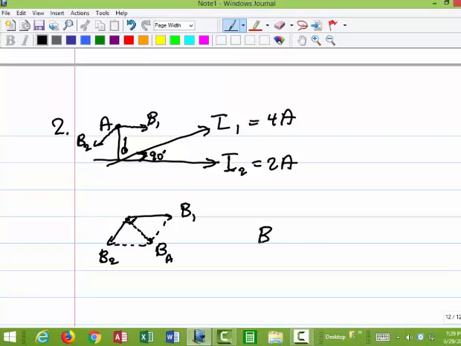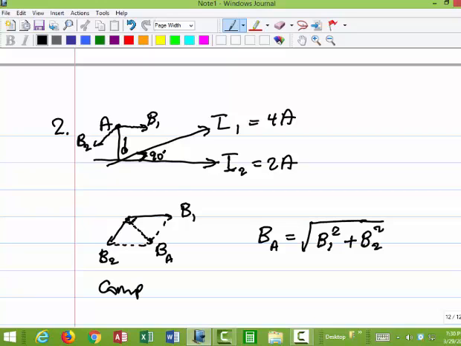A squared plus B squared, y squared plus x squared. Yeah, B1 squared plus B2 squared. This is Pythagoras' theorem. So you're going to use Pythagoras to find the magnetic field at the point A, because the net magnetic field is going to be at some angle between the two of them. Do you see that? So complete this at home.